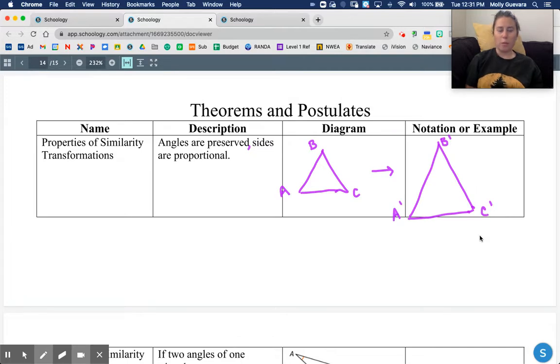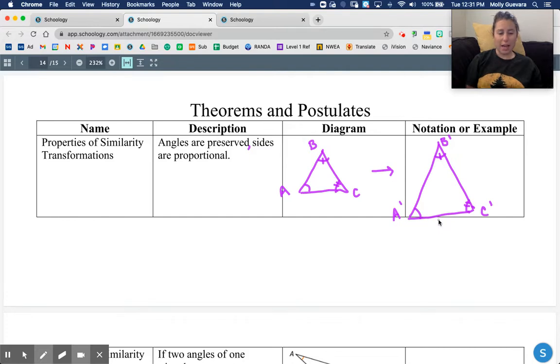Okay, so in order for these two shapes to be similar, all the corresponding angles have to be the same. So A and A prime have to be the same angle, B and B prime have to be the same angle, and then C and C prime have to be the same angle. So that's what we mean by angles are preserved. The angles don't change.